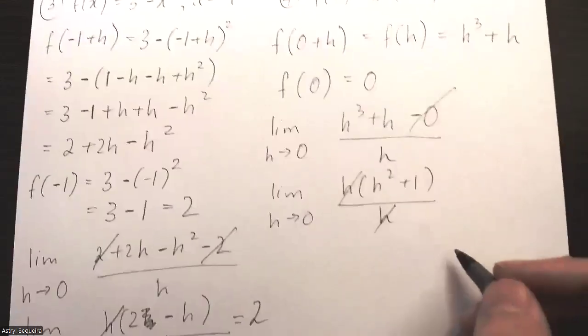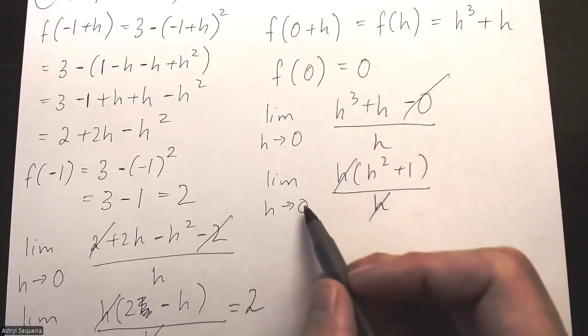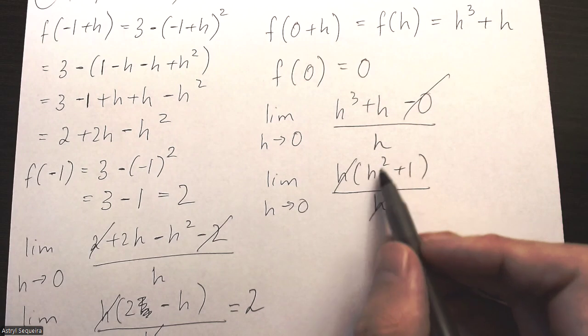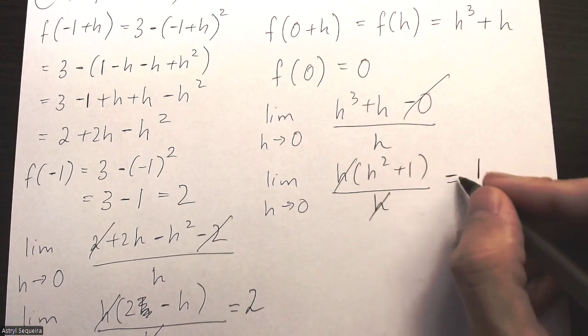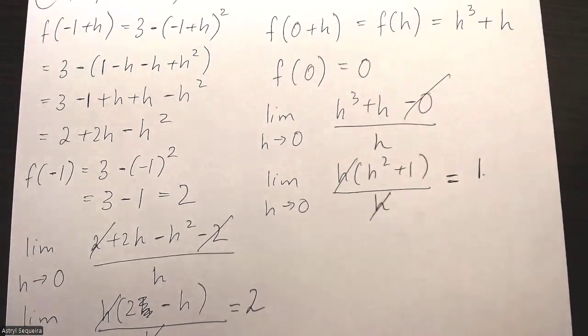These two h's cancel, and I'm just left with h squared plus 1. If I sub in 0, 0 squared plus 1 is just 1. So the derivative for this question at the point a equals 0 is just 1.